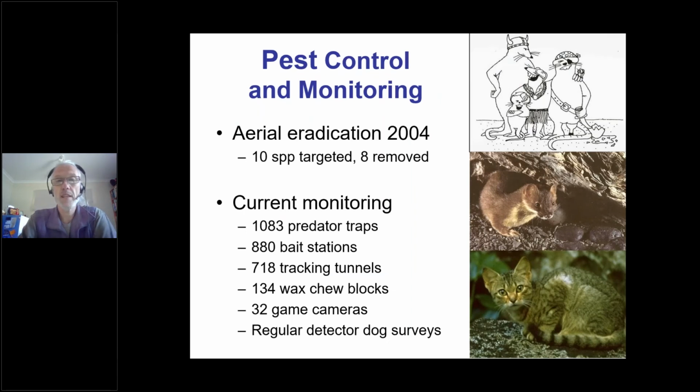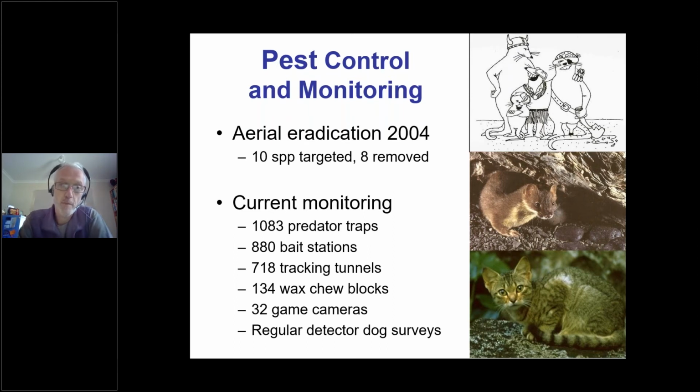Okay, so pest control and monitoring. The fence was put up in 2004, and there was initial aerial eradication to get rid of the invasive mammals. There were 10 different species of mammals at the time, 8 of which were successfully removed.